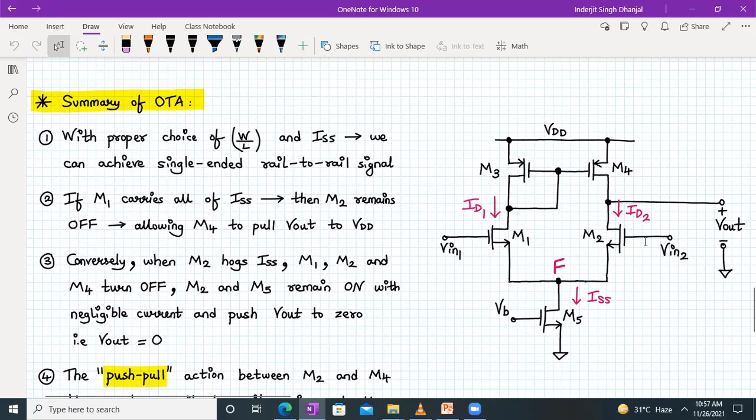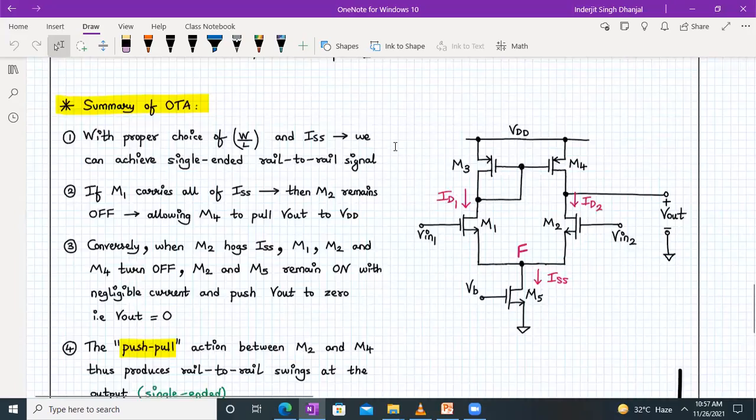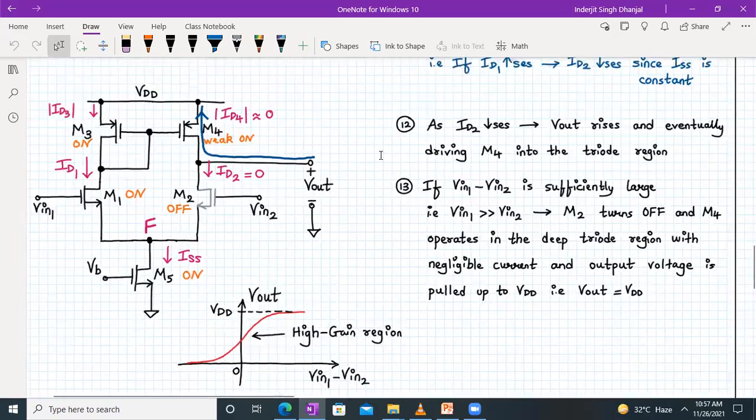Conversely, when M2 is on, it will hog up all the ISS current, putting M1, M3 and M4 into off state, right? So since M2 and M5 are on with negligible current, it will push the output towards 0. So output will be 0, right? So that push-pull action between M2 and M4 transistors will produce your rail-to-rail swing at the output, which is a single-ended output, right? So this was all about the large signal analysis of your 5 transistor OTA, right?